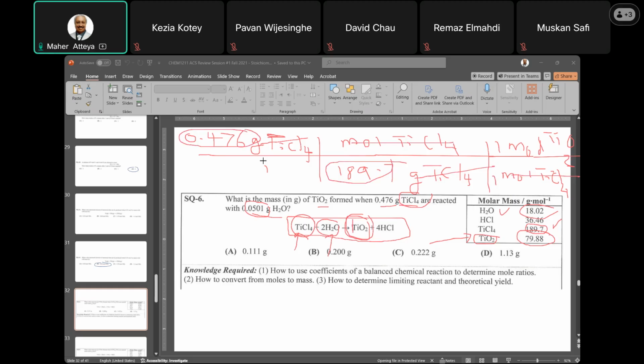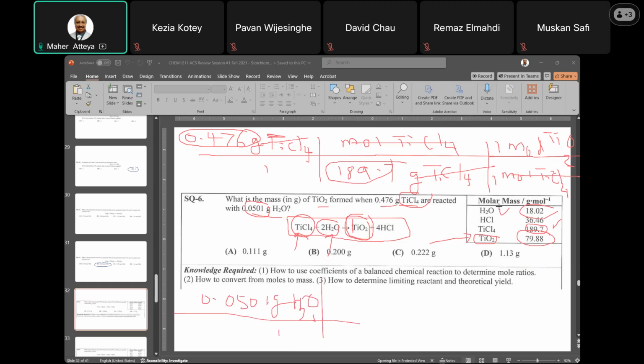Now you do the same thing for H2O. So you take the H2O grams, 0.0501 gram of H2O. You have to do it for both reactants to determine what is the limiting reactant.